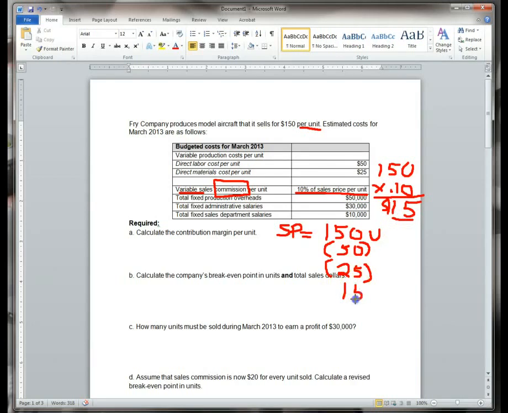So 15 goes down here, and that happens to be all your variable costs, right? We have variable cost, variable cost, variable cost. All of these are in units, right? None of these are total, which means your contribution margin per unit is simply your sales price per unit minus your variable cost per unit.